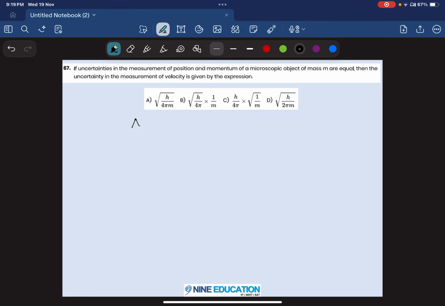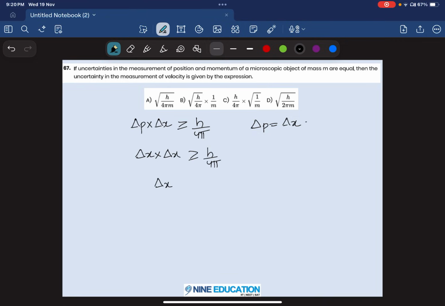So in this question, we need to use Heisenberg's uncertainty principle: delta P into delta X is greater than or equal to h by 4 pi. And they are saying both are equal, uncertainty in position and momentum. So I'll just substitute delta X in place of delta P. Delta X square is greater than or equal to h by 4 pi.